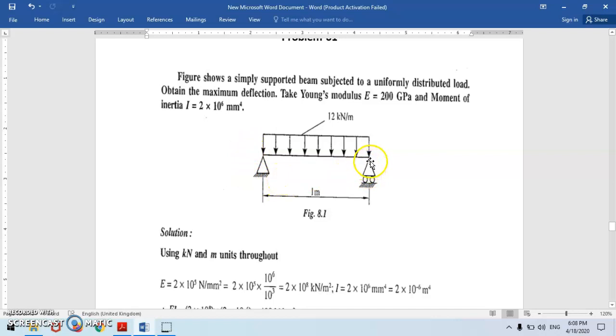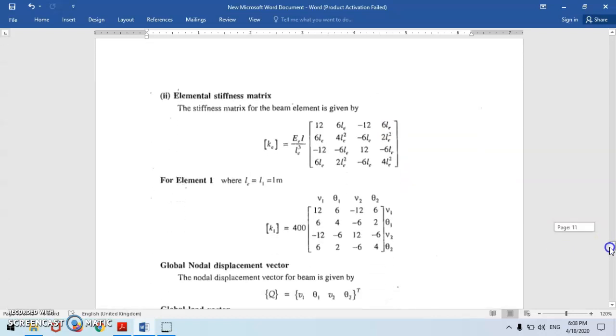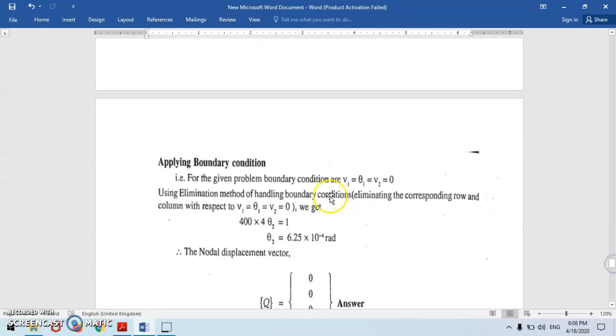At node 1, I repeat, V1, which is acting in the upward direction, is 0, and theta 1, which is a rotation, is also 0. At node 2, V2 is also 0 because it is acting in this direction. Only the rotation theta 2 is available. Clear? That is why in the boundary conditions V1, theta 1 and V2 are 0.